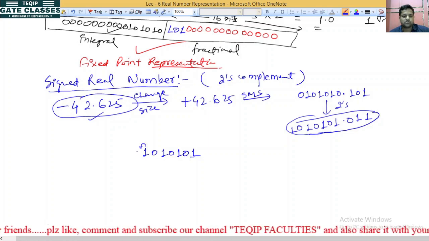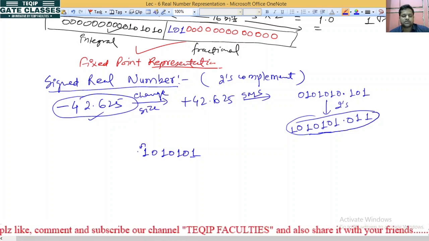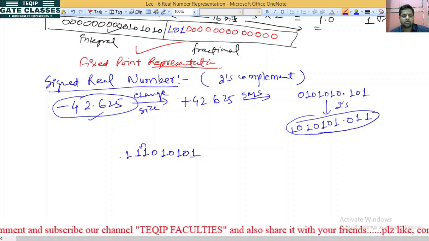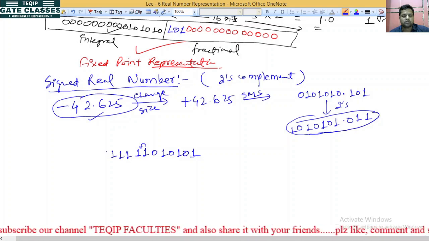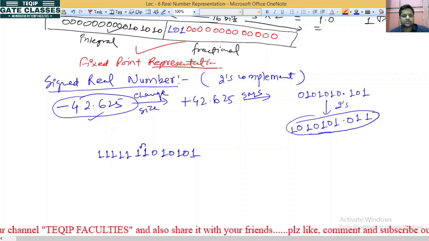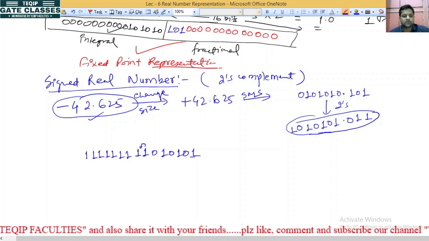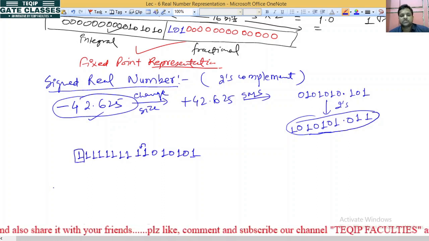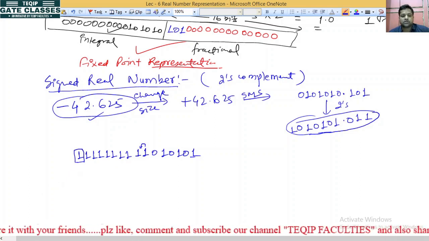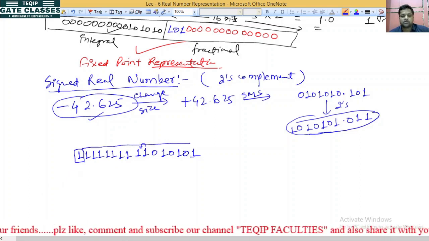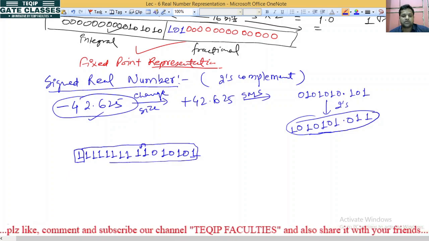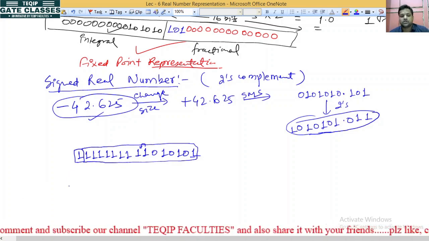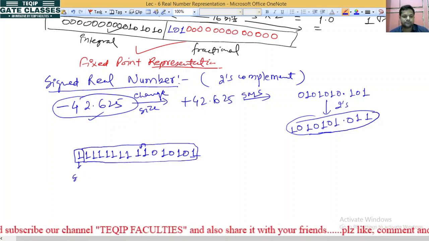So we have to copy this one how many times? 9 times. 1 2 3 4 5 6 7 8 9. This one is for the sign bit, okay na? The rest will be for the integral bits.